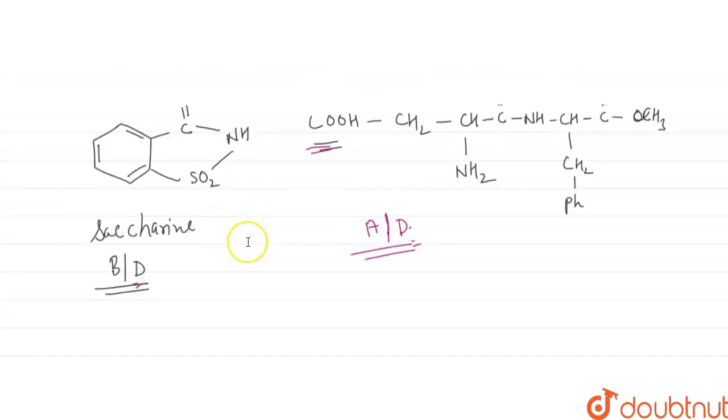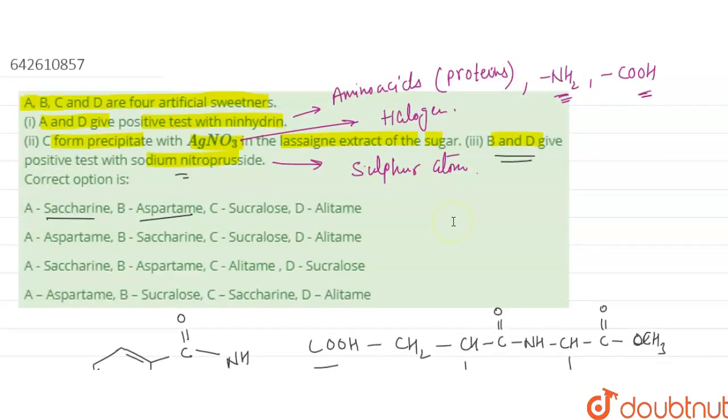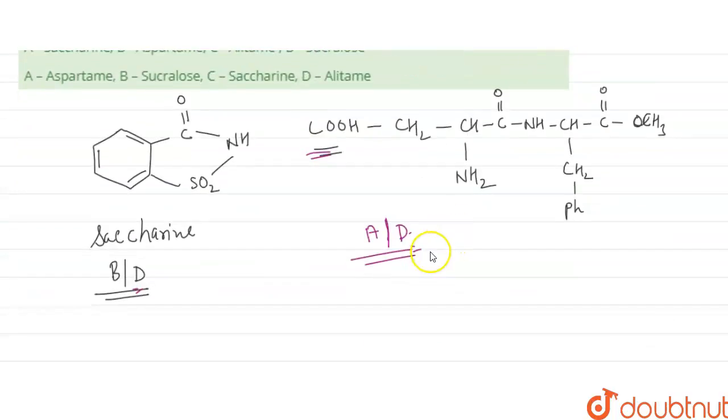To give the positive test with sodium nitroprusside, it must contain a sulfur atom, but aspartame doesn't contain any sulfur atom, so it will not be D. It will be A. Okay, A is aspartame. It is clear from the fact that this is aspartame.